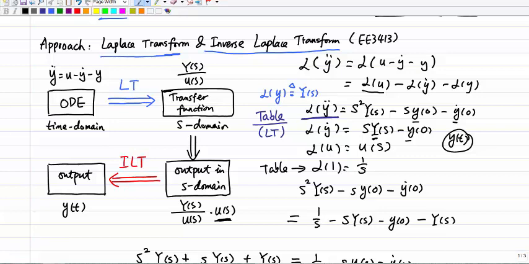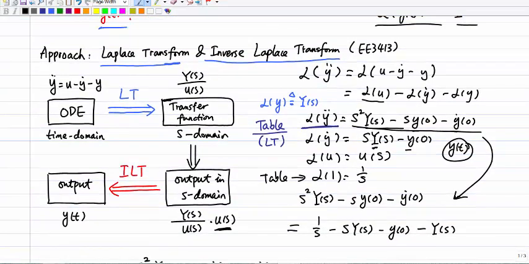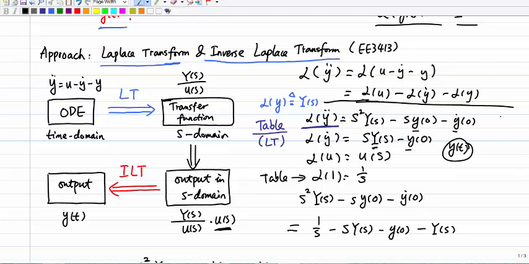By doing this, we can simplify a little bit. Let's do the whole equation right over here.